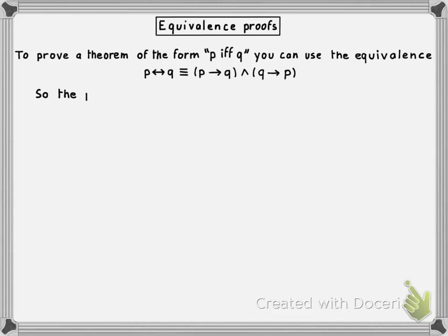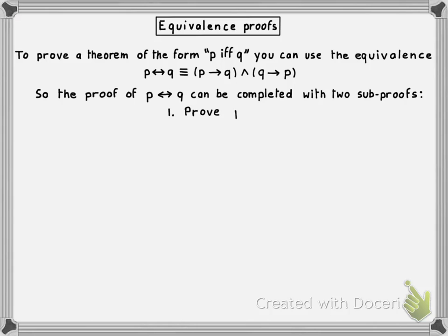In other words, if you want to prove a theorem of the form P if and only if Q, you can complete this proof by breaking it down into two subproofs. One proving that P implies Q is true, which is the first half of this conjunction, and the second subproof for Q implies P. And of course, for these conditional proofs, you can use any of the techniques we have discussed so far.